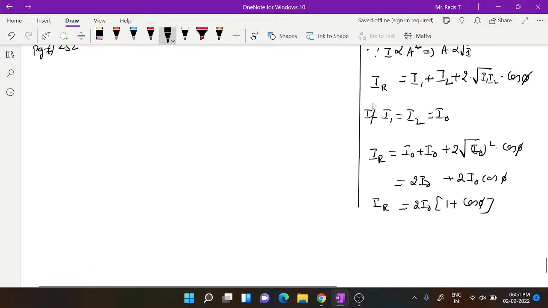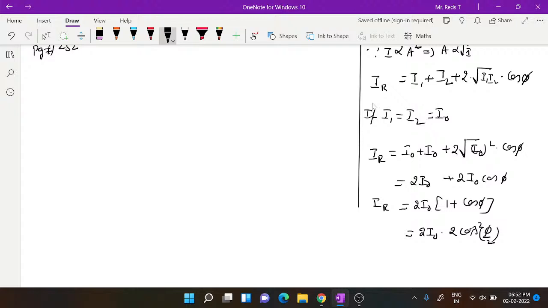This can also be expressed as 2 I0 into 1 plus cos phi. If you consider this in the form 1 plus cos 2 theta, you can write it as 2 cos square theta. If it is 2 theta, then you will get cos square theta; here it is phi, so half of the angle will be phi by 2.